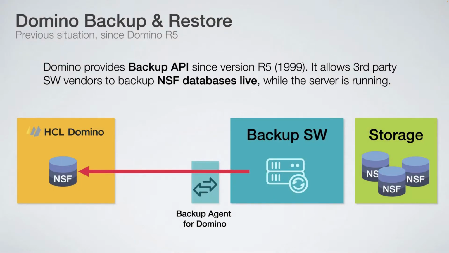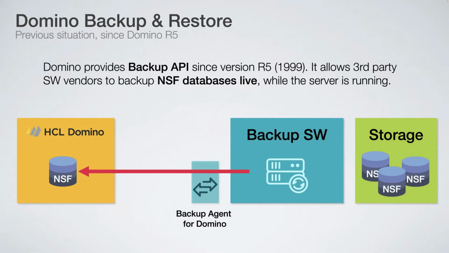Another enhancement for admins in version 12 is backup and restore. Domino has offered a backup API since version 5. It's 1999, so it's more than 20 years old. And backup software vendors can utilize this API and develop enhancements to classic software backup.